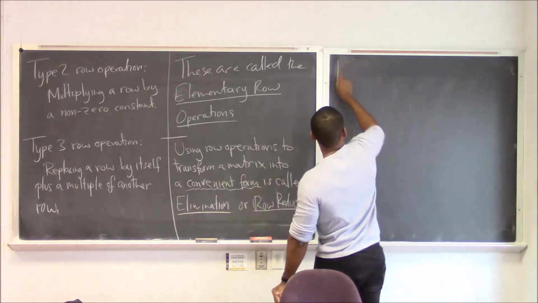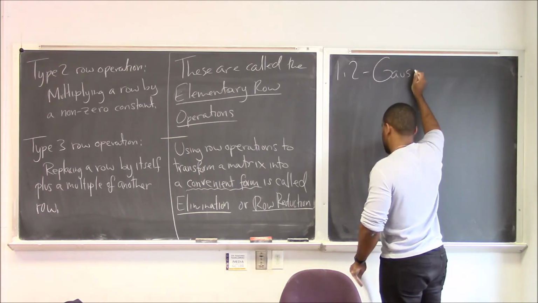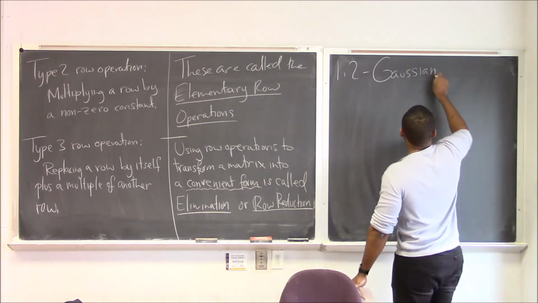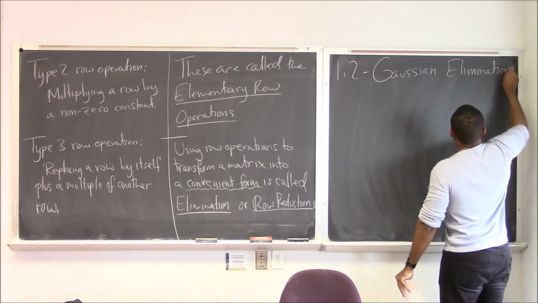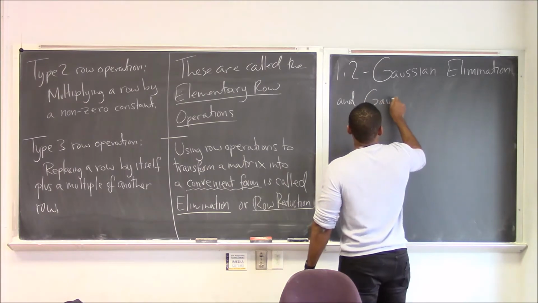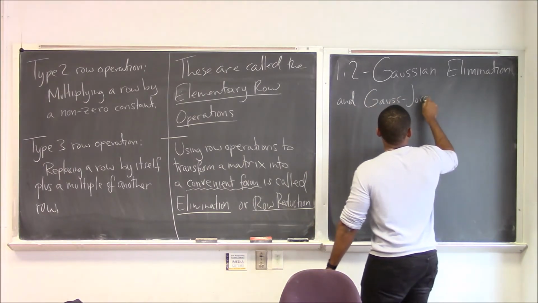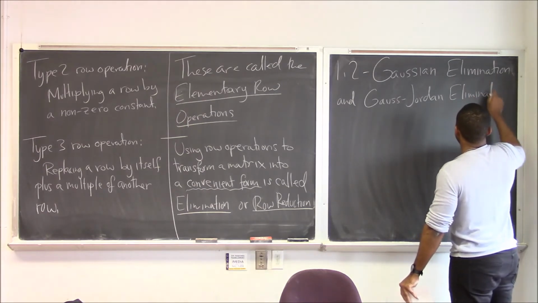So that brings us to 1.2. Gaussian elimination and Gauss-Jordan elimination. It's named after two mathematicians.